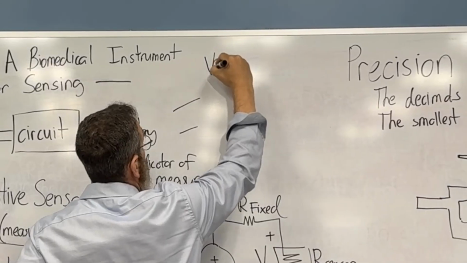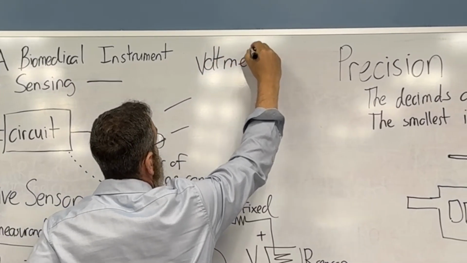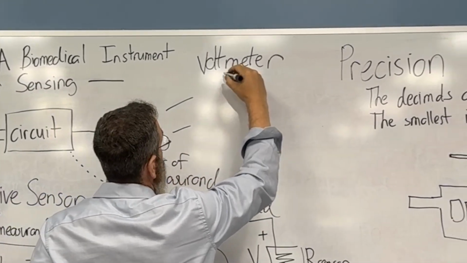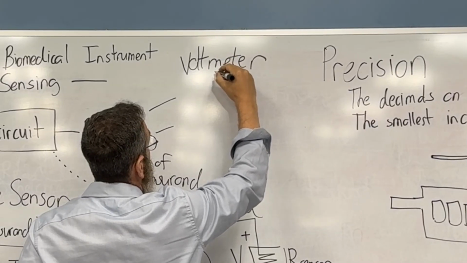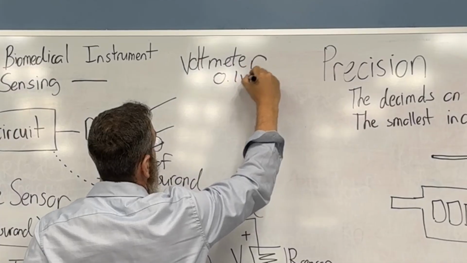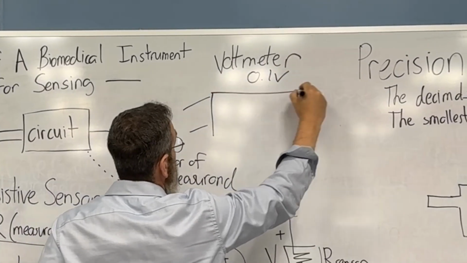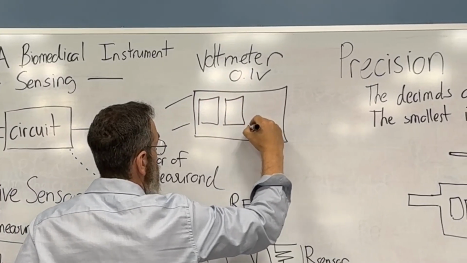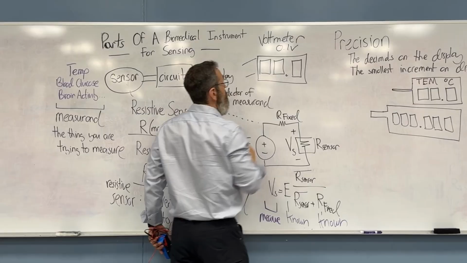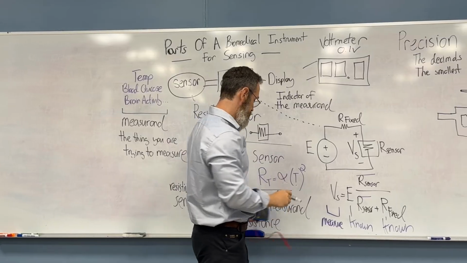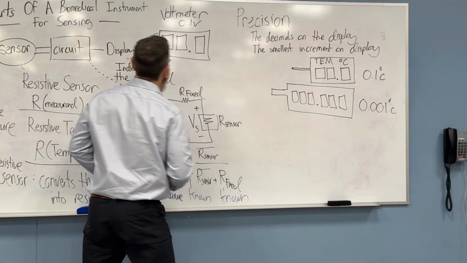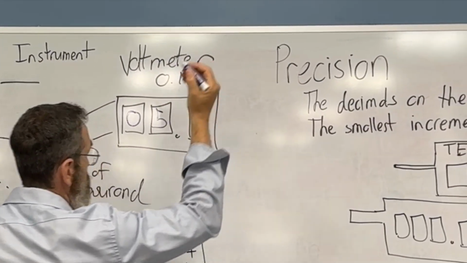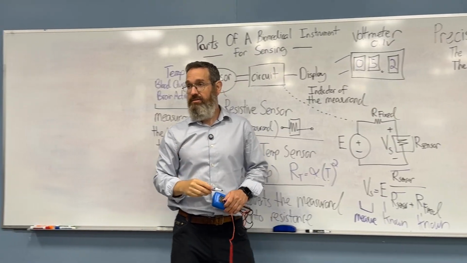So let me draw it in. Now we're going to talk about our voltmeter. Let's say it had a precision of 0.1 volt. That means that on the display, it shows you some value, a point, and another value. Those values could be anything, like 0.5 or 2, or 10.7.